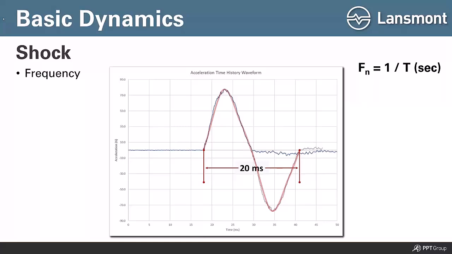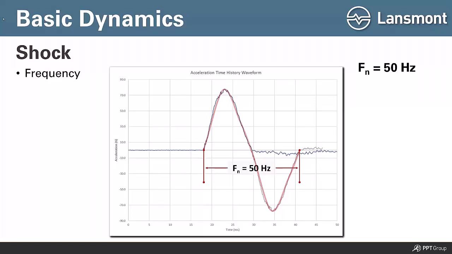A way of calculating the natural frequency of a signal is to say natural frequency is equal to 1 divided by the period of the waveform. In doing that, the computer knows quickly that that shock pulse has a natural frequency of 50 hertz.